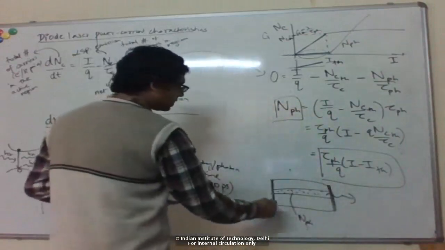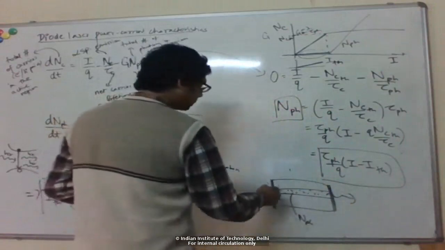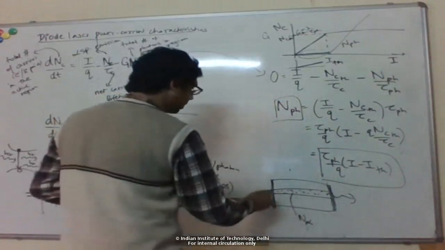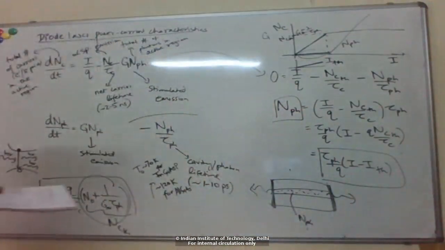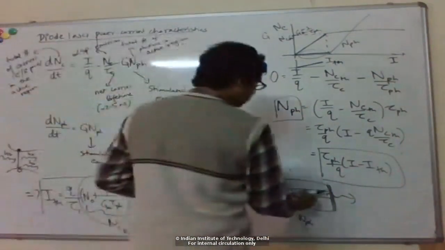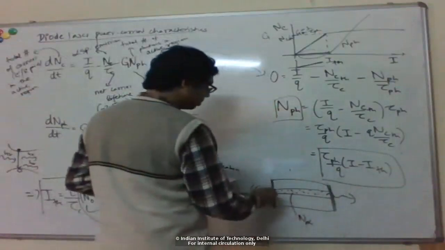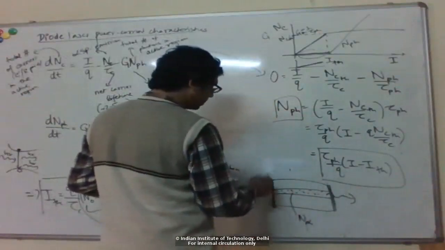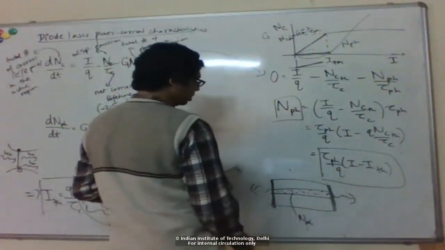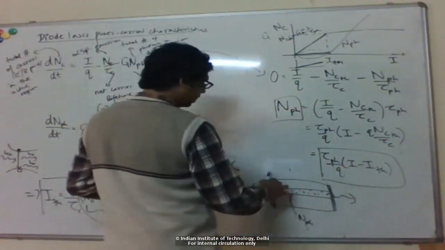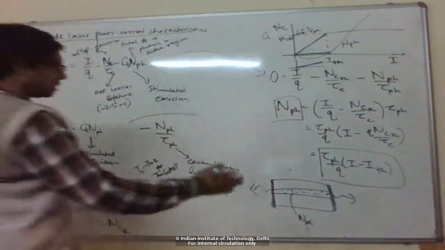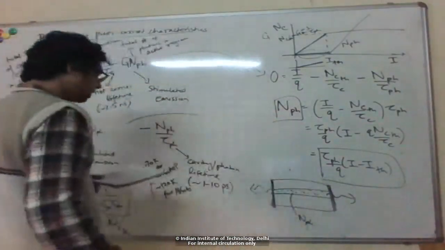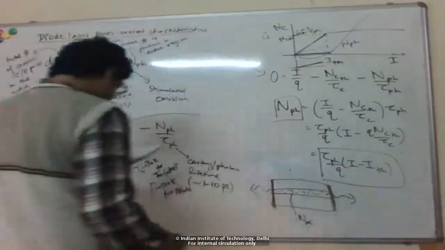If I just had the simplest design where I just have cleaved facets on both sides, then the power can leak out from both sides. If I want it from one particular side, then I have to coat one of the sides with a high reflection coating to make that reflectivity close to 100%, so that it only comes out one side. But if you just take the simplest device with just cleaved facets, then it can come out from both sides.